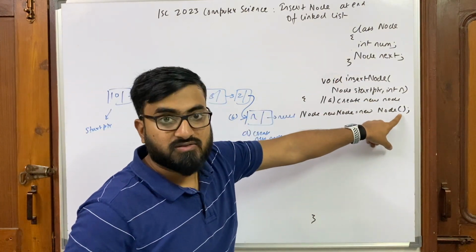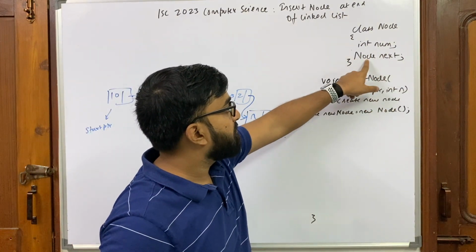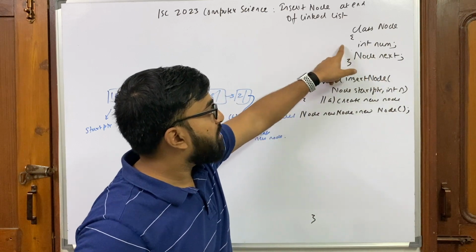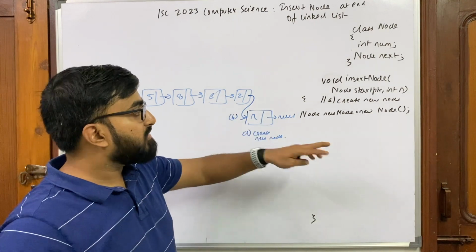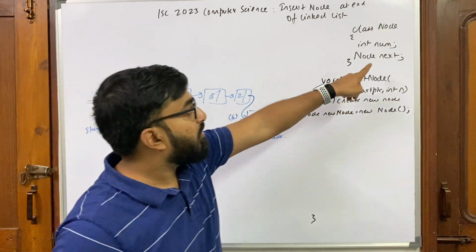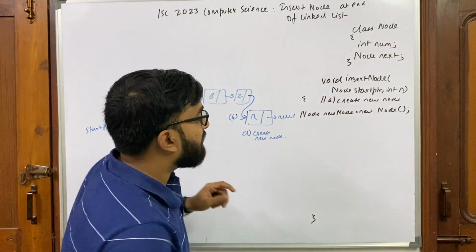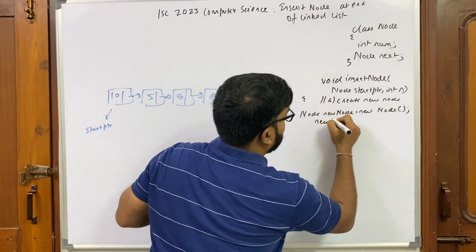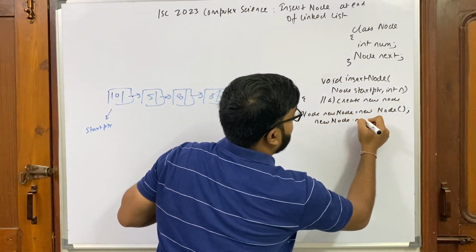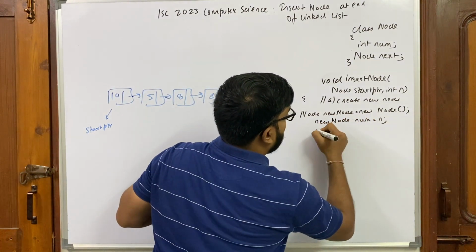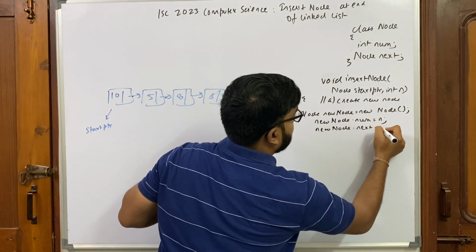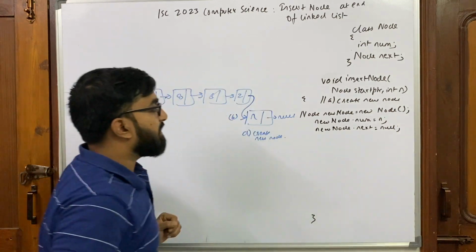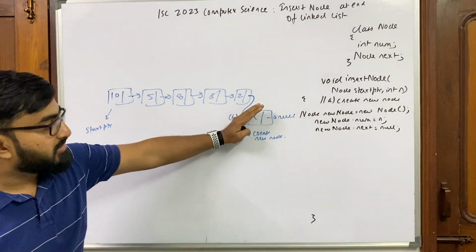And int and Node, both these types do not have access modifiers here. It means you can directly access them outside the class using the name of the object. So if I want to set num in this object, I can simply say newNode.num is this new value and newNode.next is null. Okay, so my part A is complete.